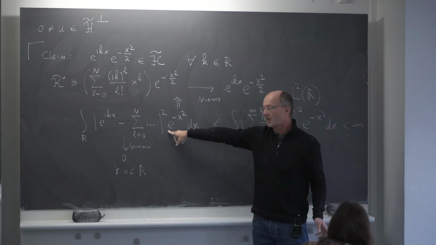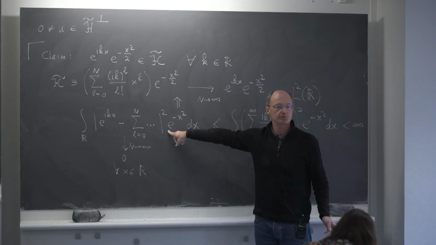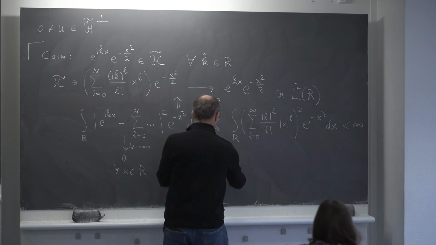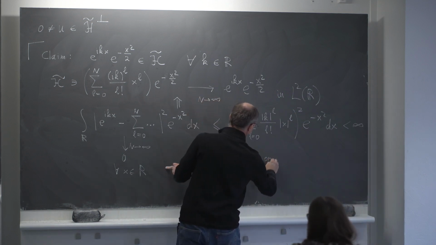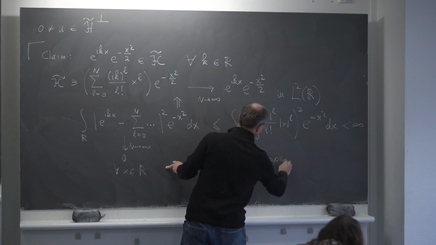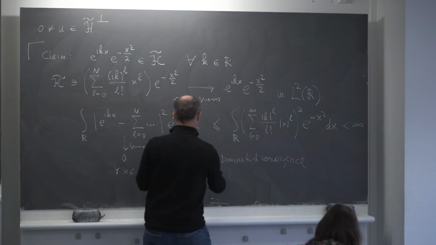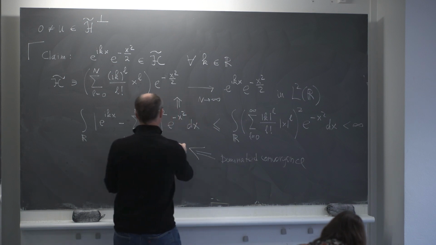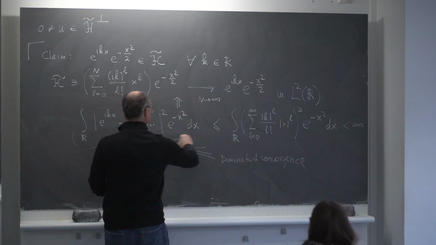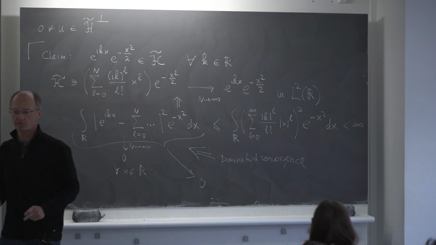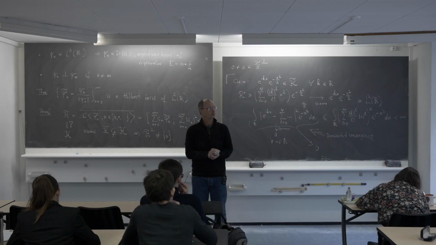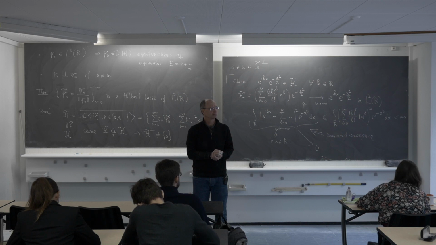So this means that those integrals converge to 0. So dominated convergence implies that the integral converges to 0. Dominated convergence, everybody knows those words.